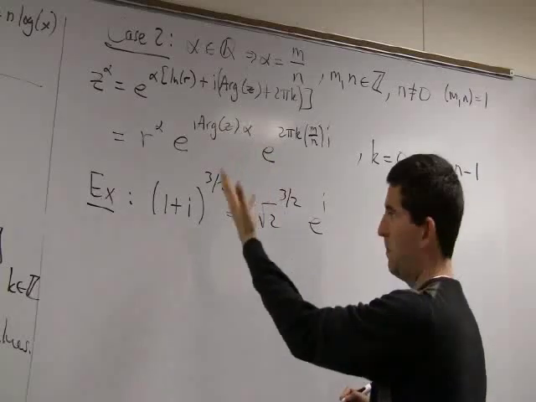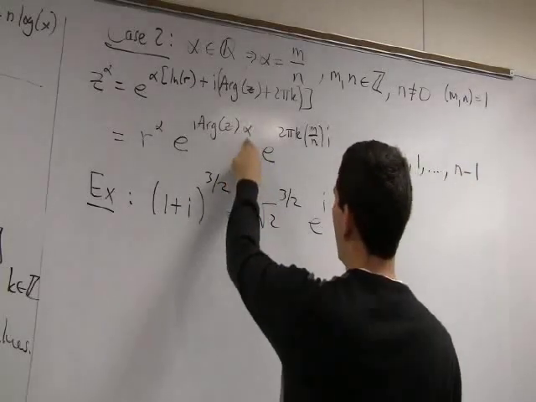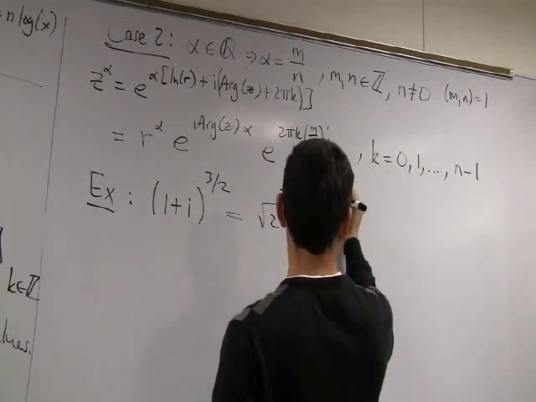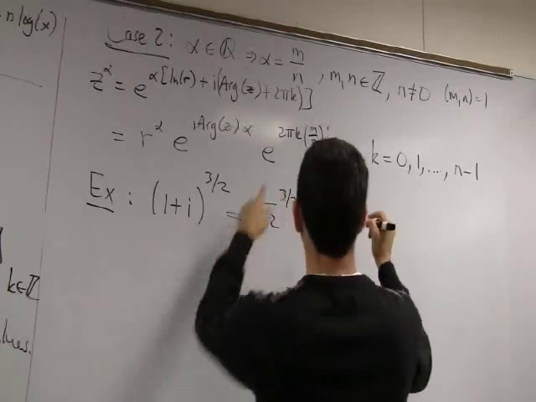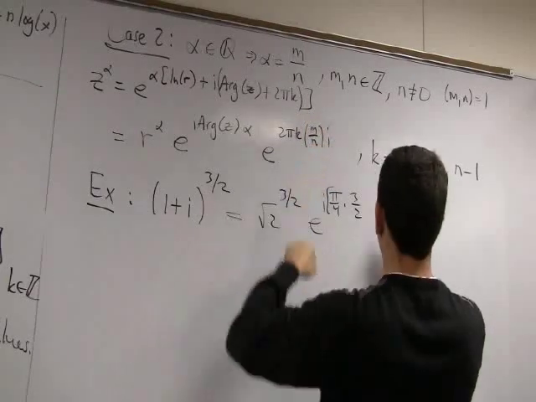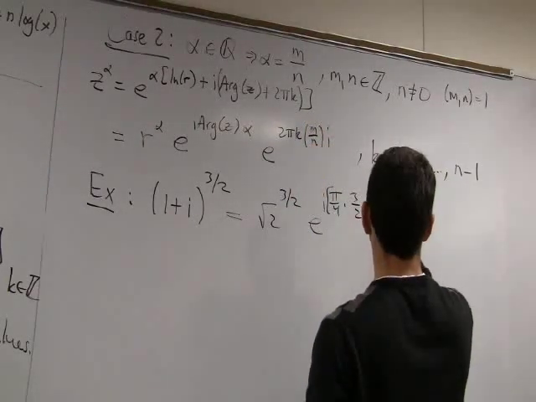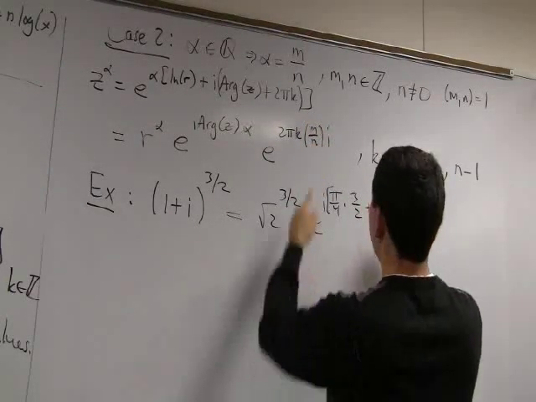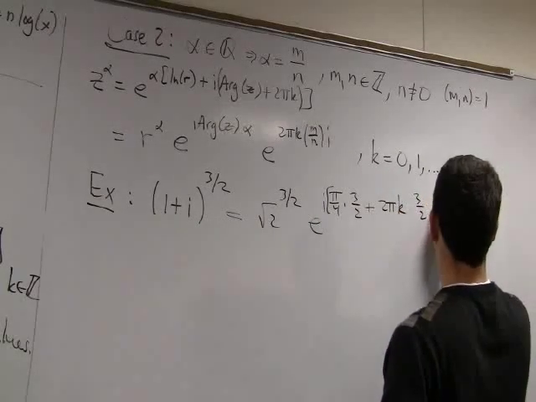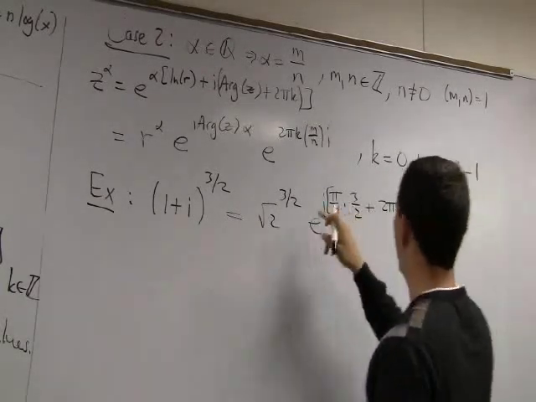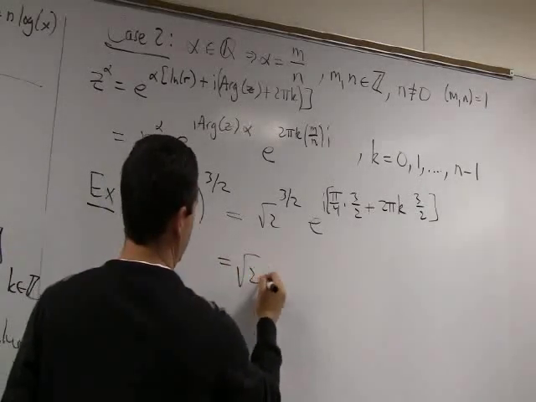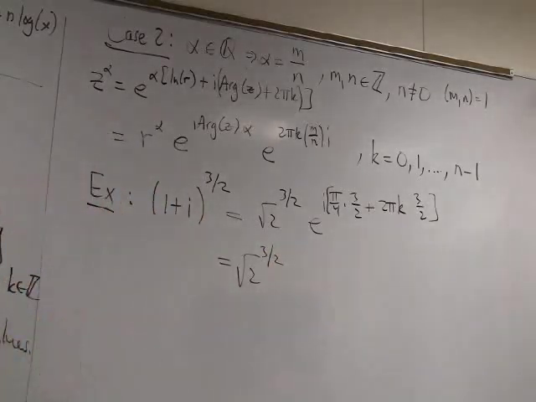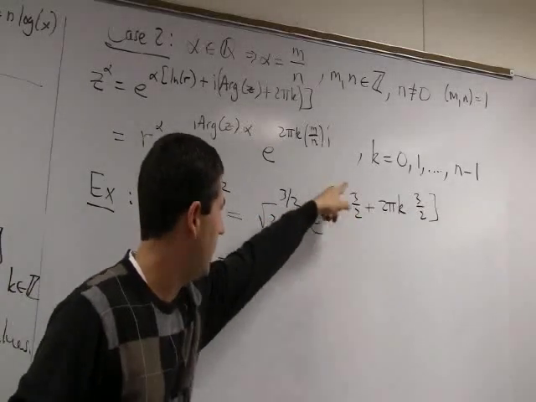We still know the argument is pi over 4 times alpha. So we have pi over 4 times 3/2, and then we add 2 pi k, again, times 3/2. Pull the i out. So root 2 to the 3/2. You get 3 pi over 8.